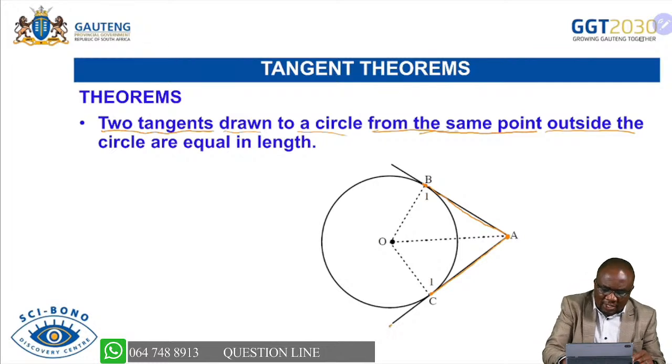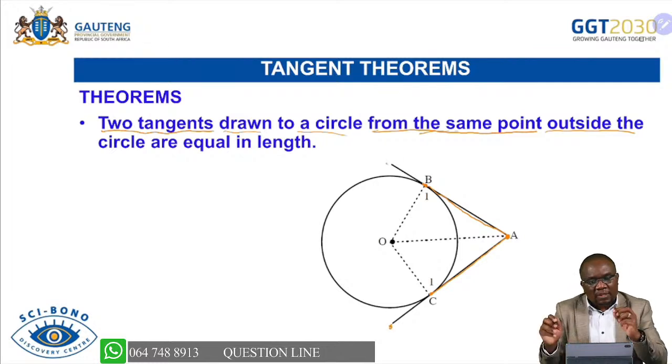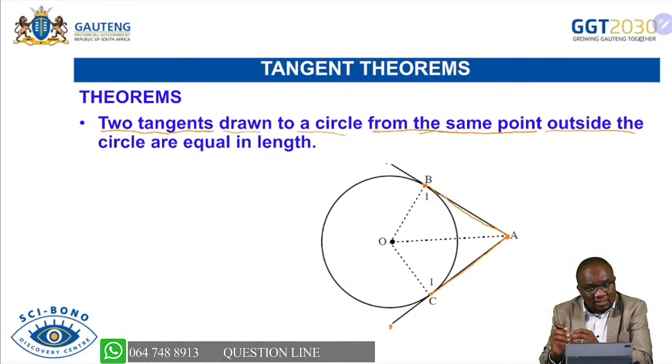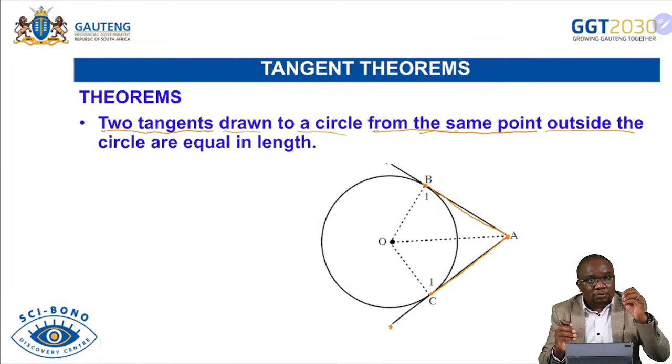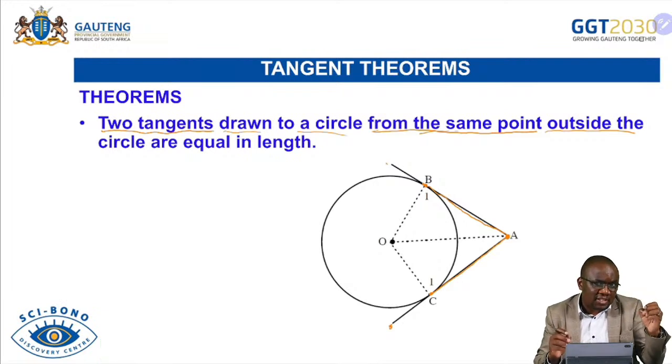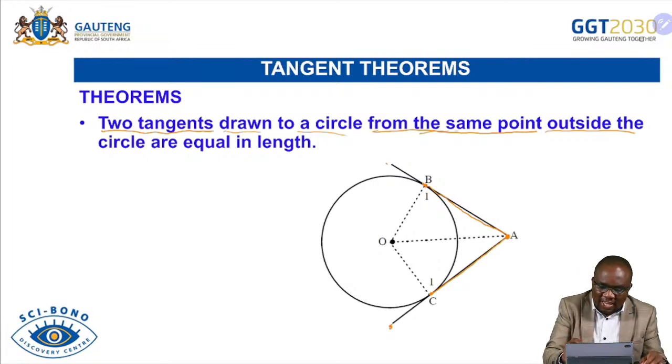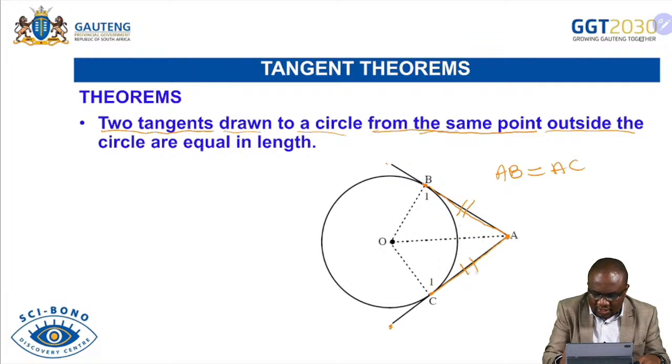From the point the tangents originate, up to the point where they touch the circle, that's the length we're looking for. So AB is equal to AC.